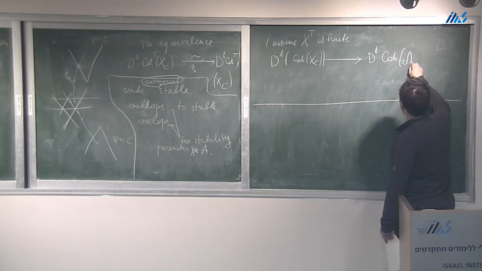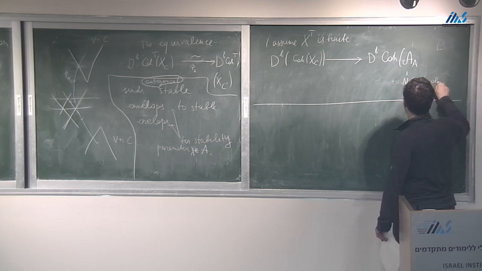Let's write this AA. So this is the abelian category, the non-commutative resolution whose construction I discussed yesterday.